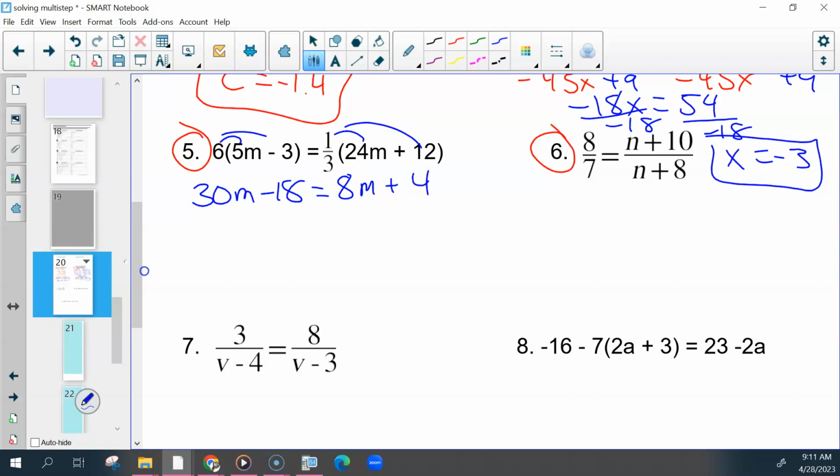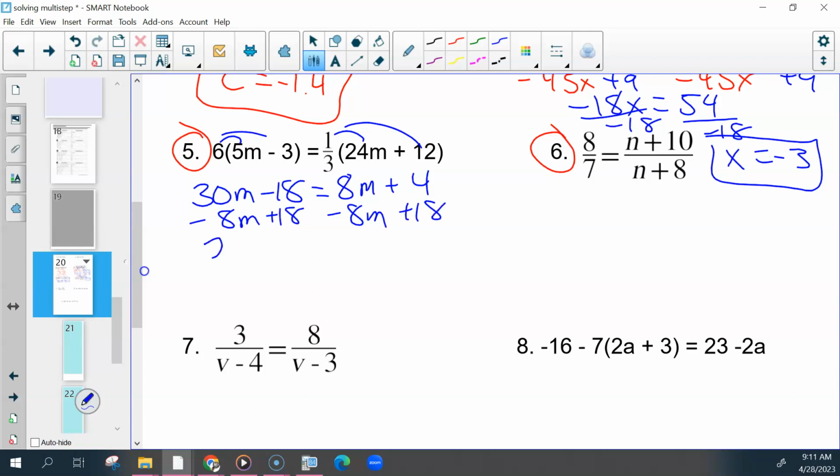Then the process is the same. Pick what you want to move first. Subtract 8m. Not add though, because it's already positive. So you have to do the opposite. And then we can add 18 to the other side.